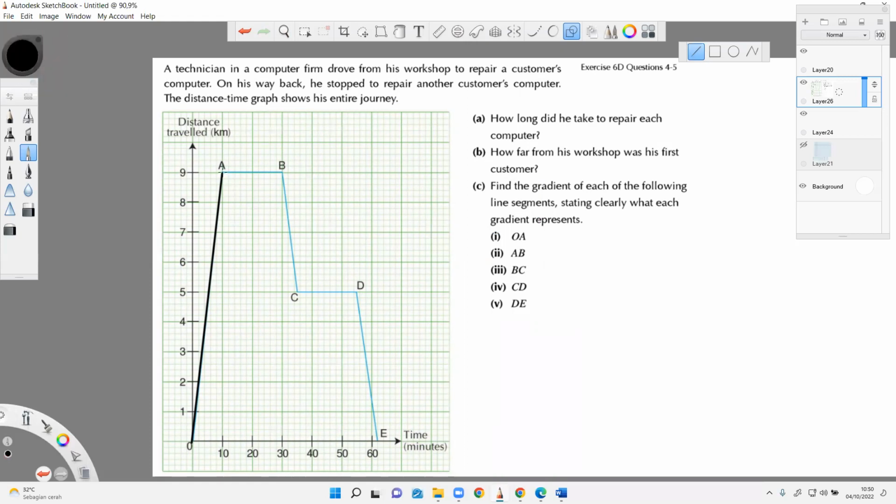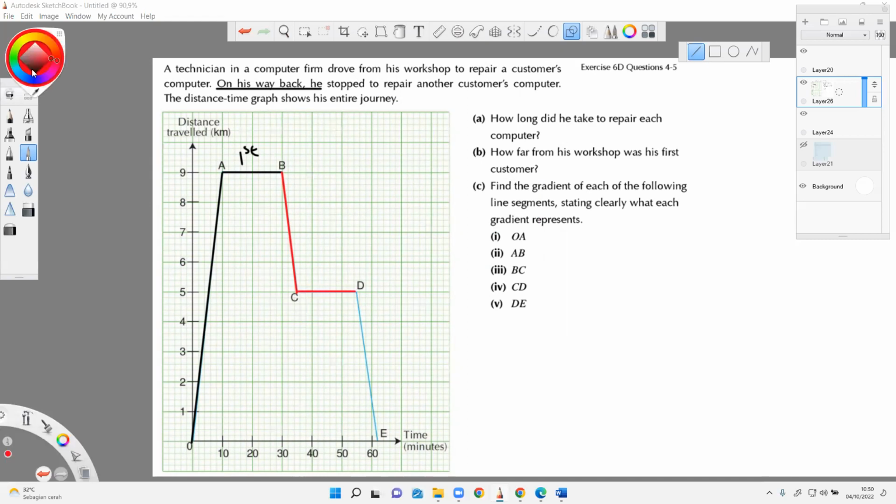A to B. So this is his first customer, right? And on his way back, going down from B to C, he stopped again to repair another customer's computer. So C to D represents the second customer, right?